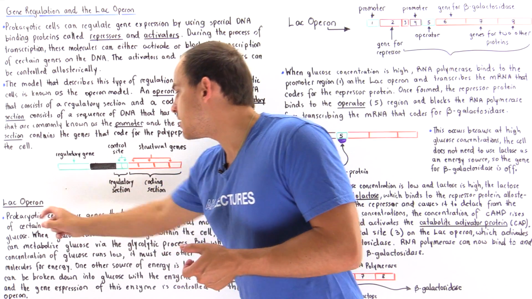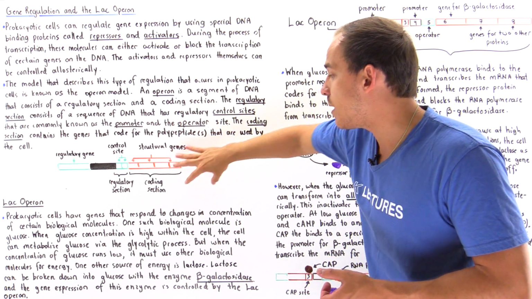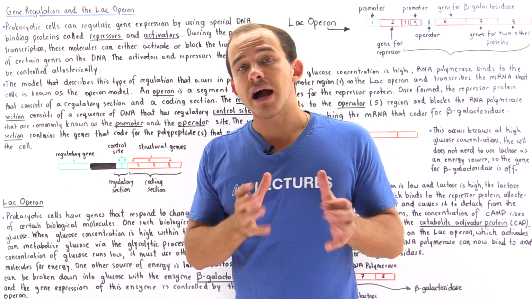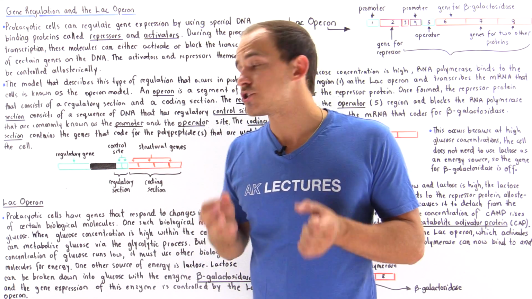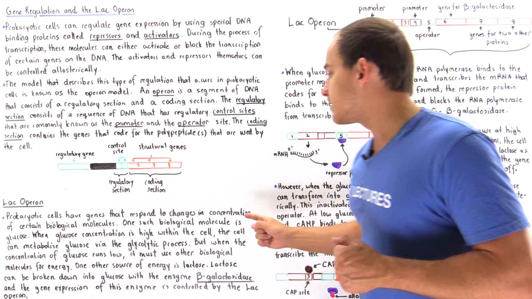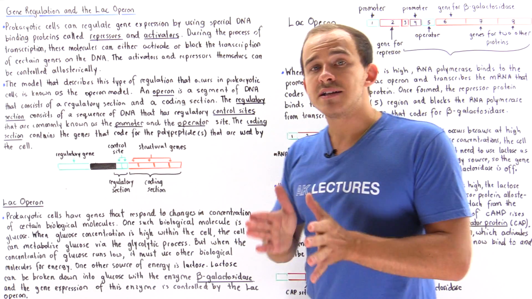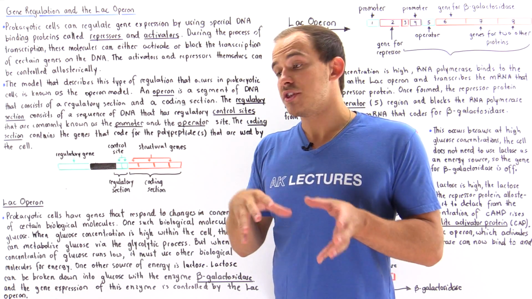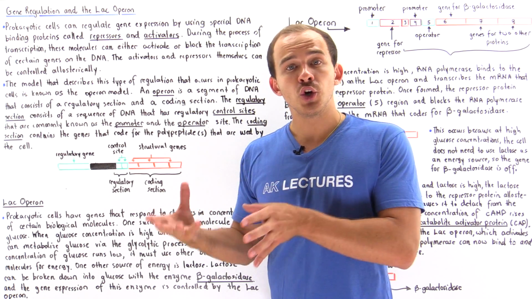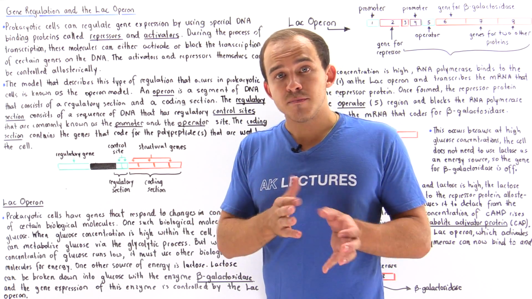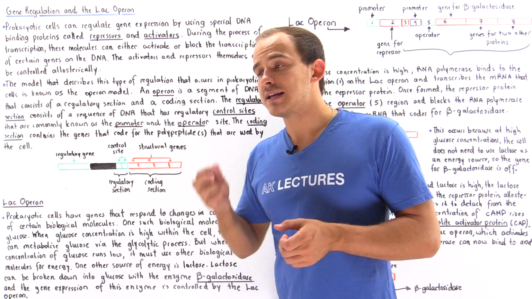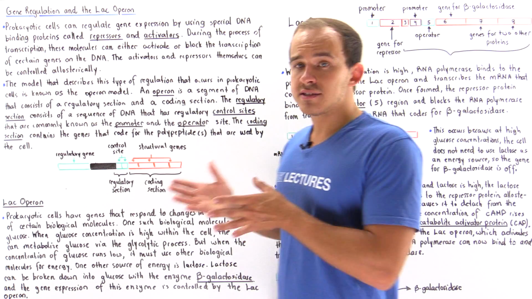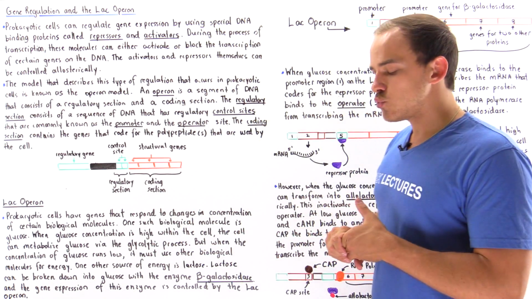So prokaryotic cells have genes that respond to changes in concentration of certain types of biological molecules, such as glucose. So basically, when glucose concentration is high, the cell can metabolize the glucose and use the ATP produced by the process of glycolysis to power the different types of processes that take place within our cell.